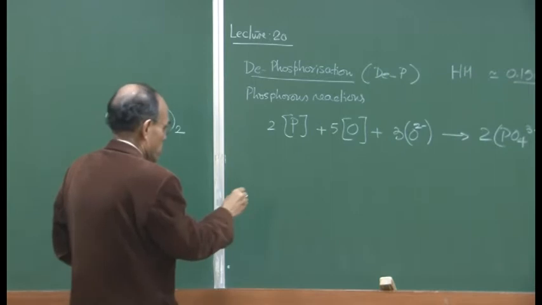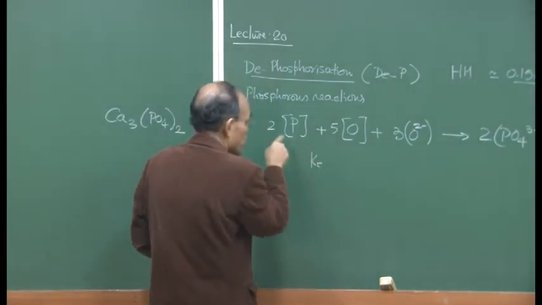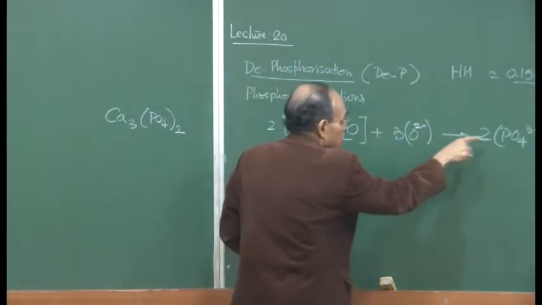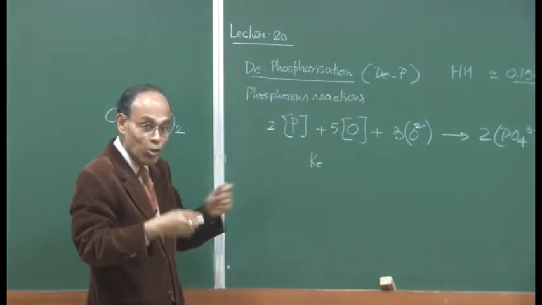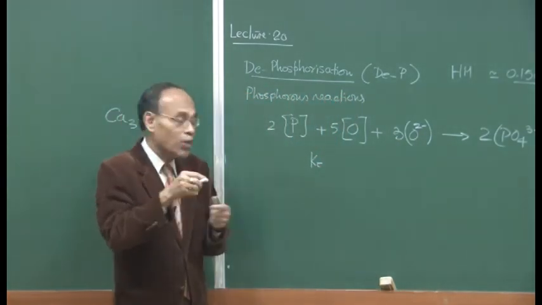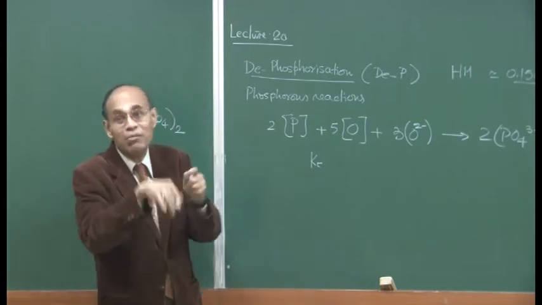And the equilibrium constant, assuming these are in the metal phase and these are in the slag phase. So when we talk about chemical equilibrium, we are essentially talking about slag-metal equilibrium.